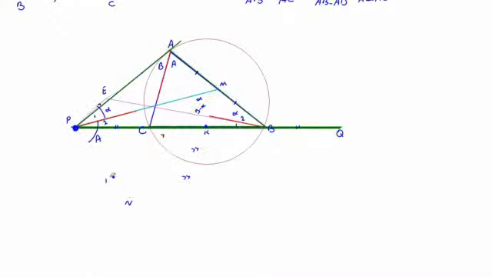Let's erase all things that we had. The circumcircle we need. The midpoint we need. So let's erase also these parts. It is so useful to erase what you don't need, because you can prove it in an easier way.